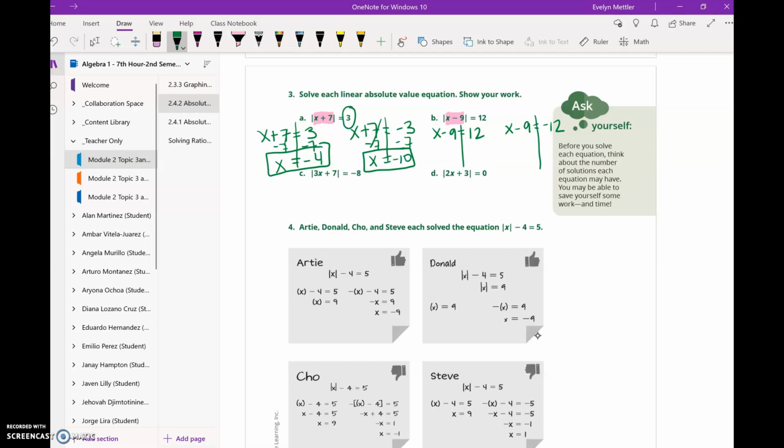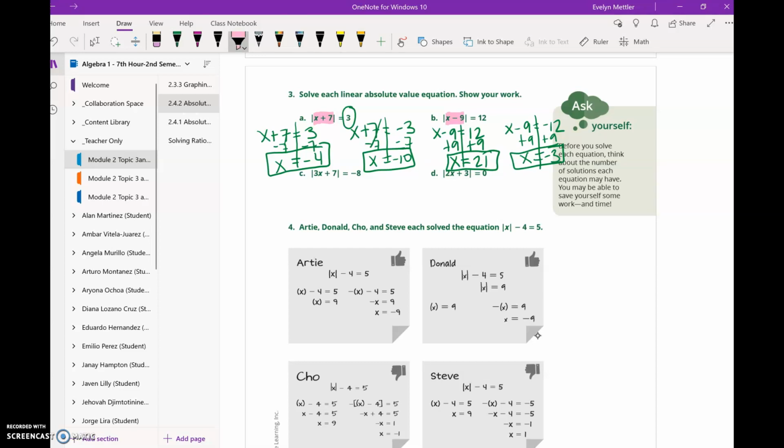But I'm going to solve them the same way by adding 9. So my first answer is 21. My second answer is negative 3. Either way, both of them are going to give us numbers that are 12 away from 0.